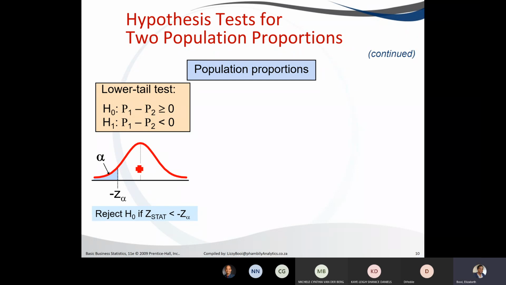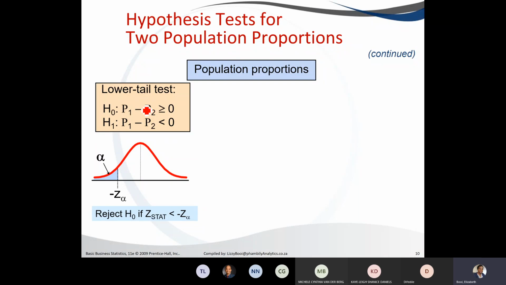If you're doing a one-tailed test, your null hypothesis will say the difference between population 1 and population 2 is equal to 0.